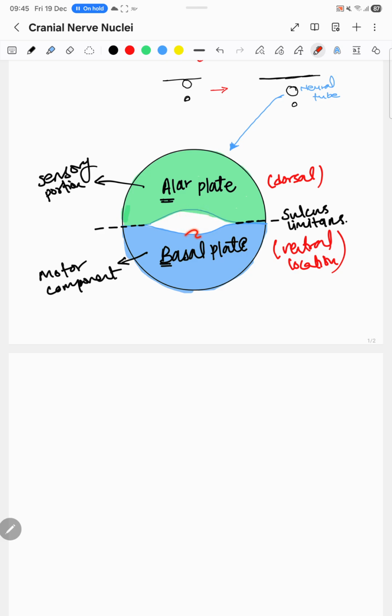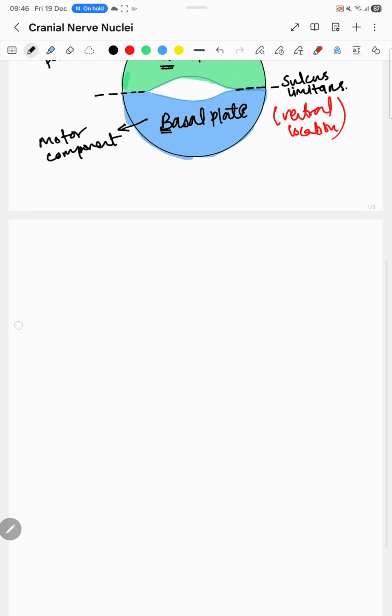We learned in gross anatomy that the posterior boundary is formed by the cerebellum. So that is exactly what happens: the alar plate moves laterally to open space for this cerebellum. Let me show you guys in the next diagram.